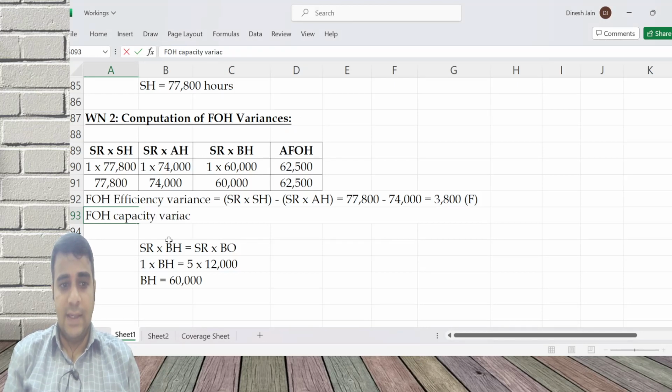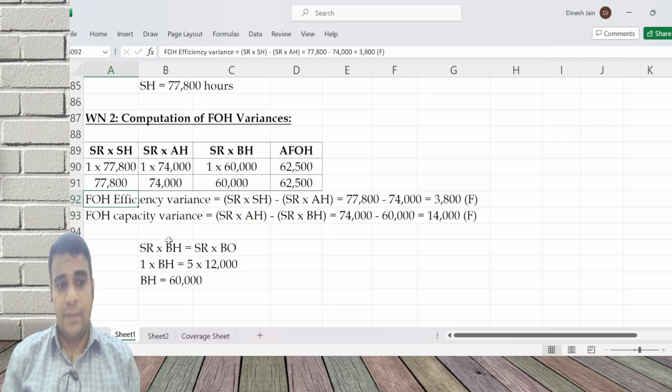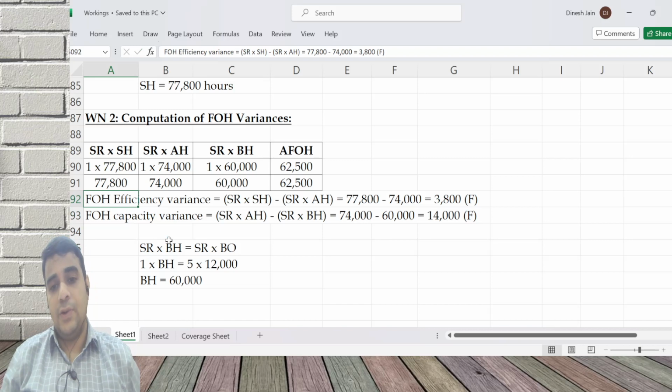Capacity variance is equal to SR into AH minus SR into BH, 14,000 favorable. Efficiency 3,800 favorable, capacity 14,000 favorable.